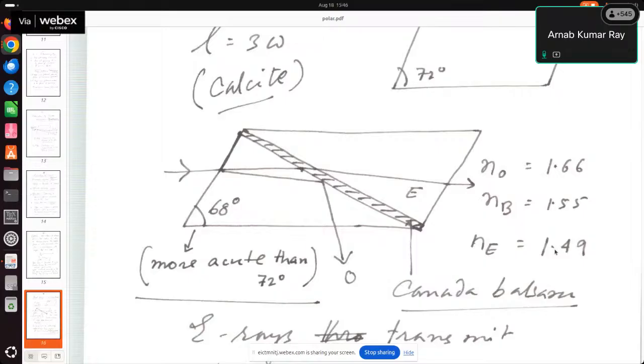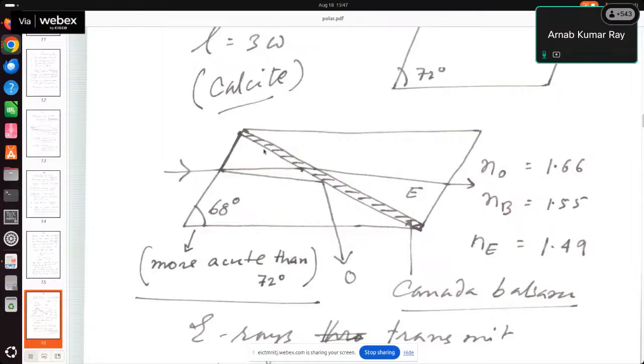So clearly, as you can see, noting that refractive index is equal to C, as in the speed of light in vacuum, divided by the speed of light in a medium, if the extraordinary rays have a lower refractive index compared to ordinary rays, it means that the speed of extraordinary rays in this particular material is higher than that of ordinary rays. So that is what it is.